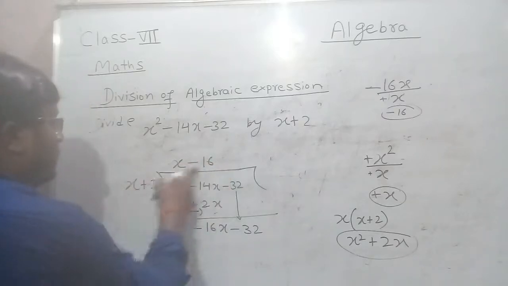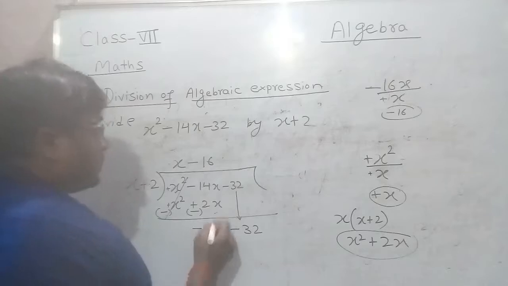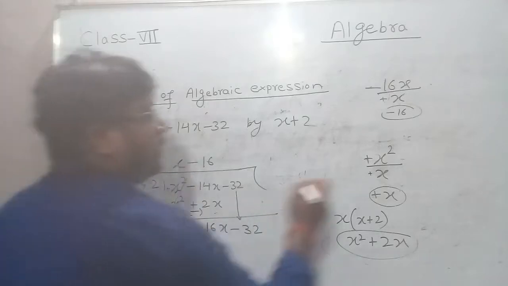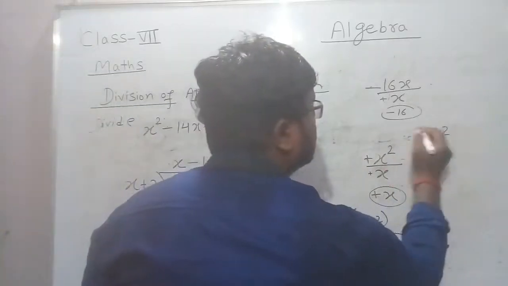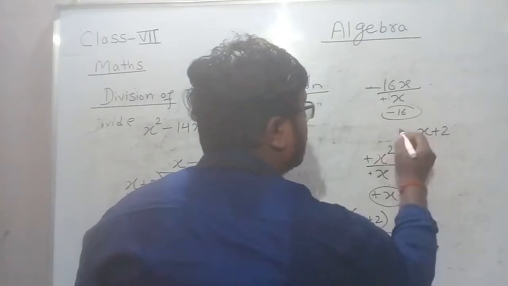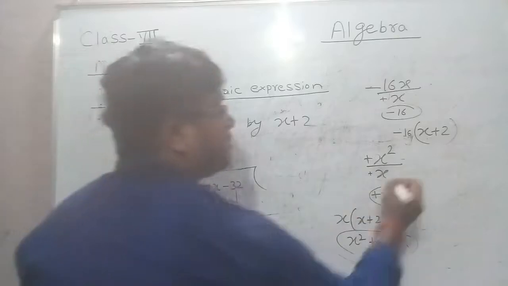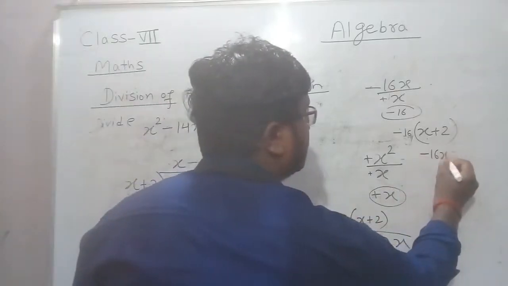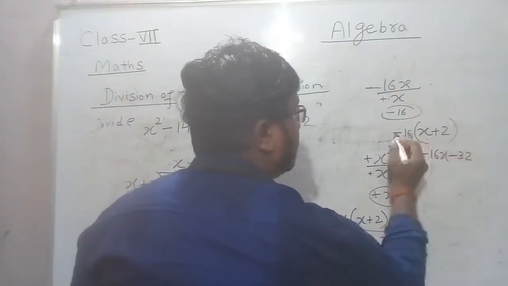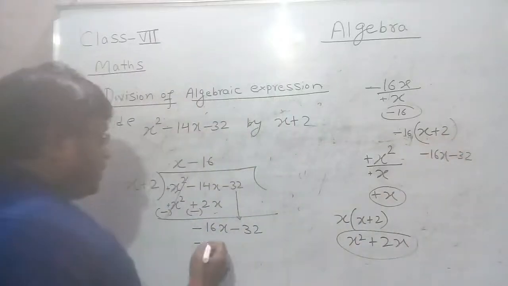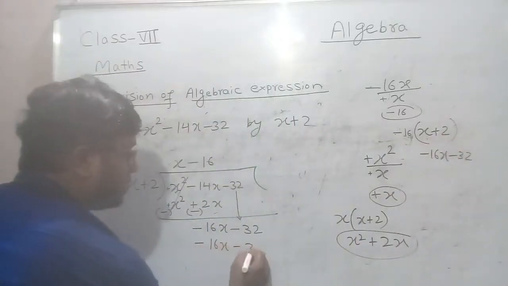Okay, so what will we get here? This minus 16 will be multiplied with x plus 2. Minus 16 times x plus 2 is minus 16x, minus into plus is minus 32, that is minus 16x minus 32.